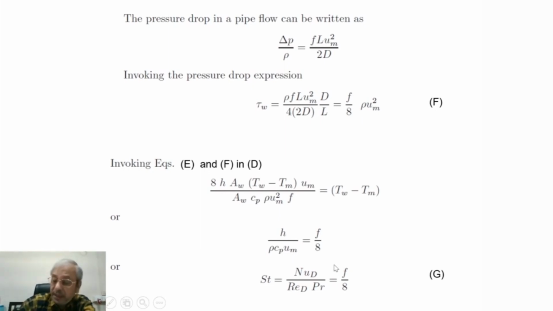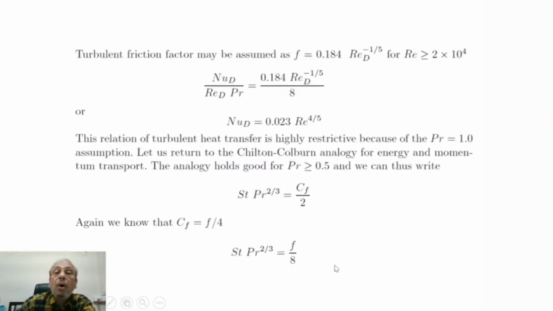So now we get basically the interrelationship between Nusselt number, Reynolds number and Prandtl number, how they are linked to the friction factor. Also we know from Moody's diagram, if we summarize basically that lookup chart, that for Reynolds number greater than 2 into 10 to the power 4, the friction factor formula is 0.184 Reynolds number to the power minus 1 by 5.